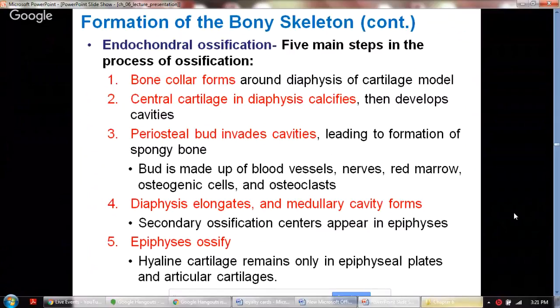The appearance of the secondary ossification centers happens closer to birth. Then it starts to ossify. The hyaline cartilage would only be found at the outer surface of the epiphysis, where the articulation with the joint happens, or at the area of the metaphysis plate.